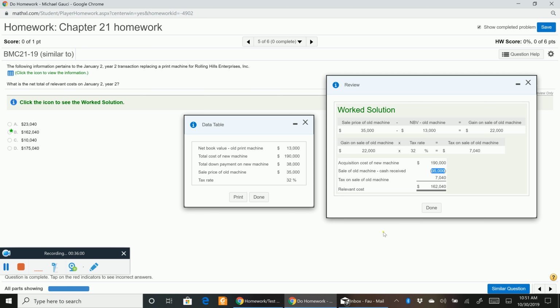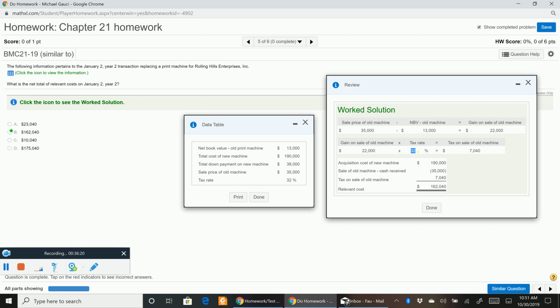And in addition, remember, we need to pay taxes on our accrual accounting income. So if we sell the old machine today for $35,000, it's got a book value of $13,000. That means, accounting-wise, the gain on the sale of the equipment is $22,000.